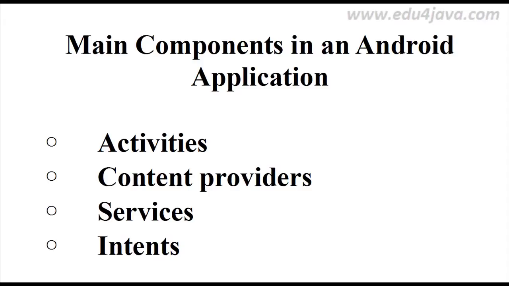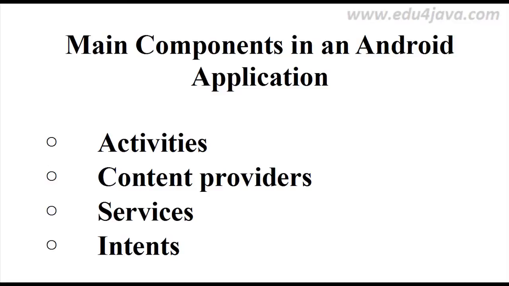You can start another activity by sending an intent, but really you send the intent to the operating system. The operating system is the one that is going to control if the intent is going to reach another activity.